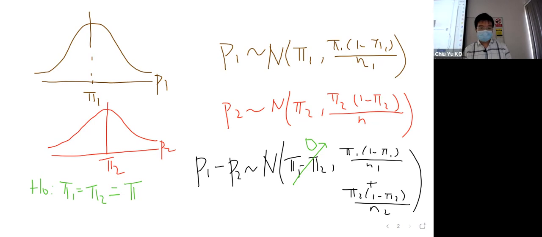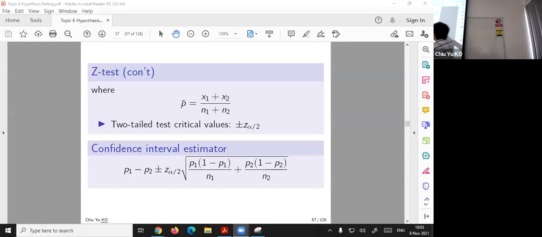I hope this is clear. That's why you have this: because you think they have no difference, you can combine the data, and this is the combined proportion. Is that clear what we are doing there? Why this equation? I hope that's okay. Now the slightly difficult part is here.